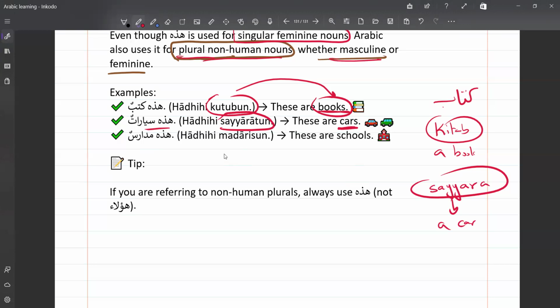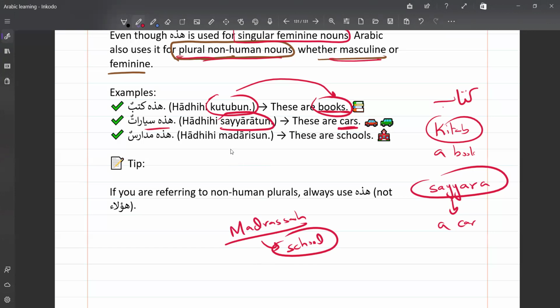Similarly, if we want to say in Arabic, madrasa, madrasa is used to refer to a school.